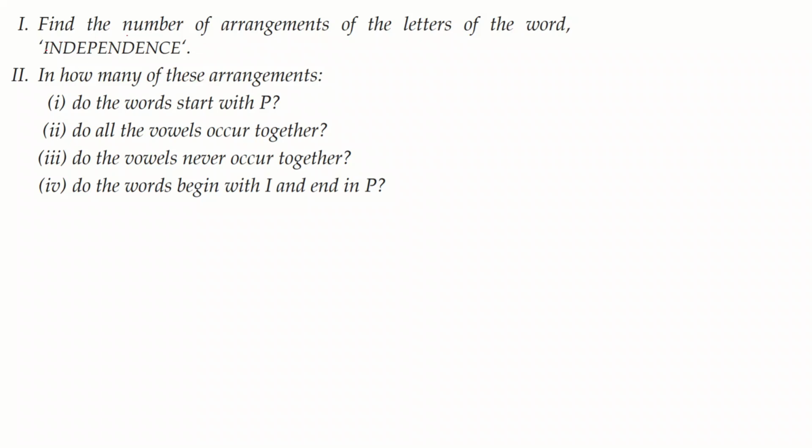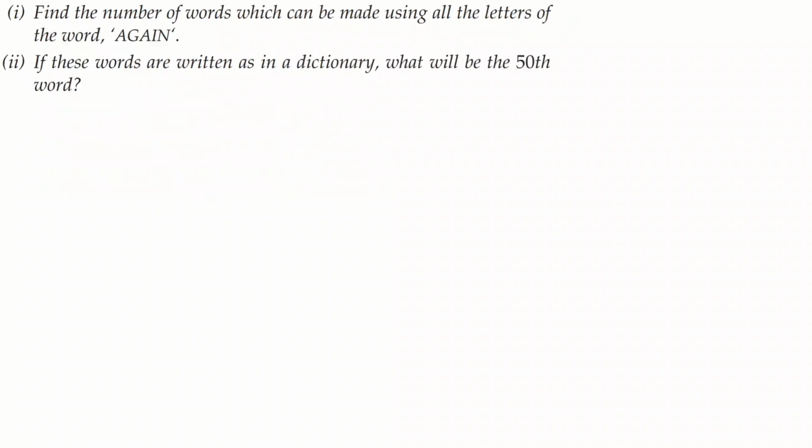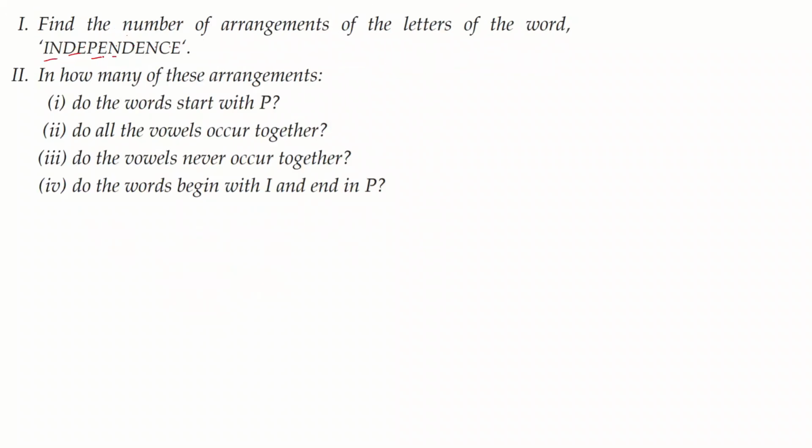So if you have 1, 2, 3, 4, 5, 6, 7, 8, 9, 10, 11, 12. I guess there are 12 letters. 2, 4, 6, 8, 10 and 12. There are 12 letters in the word independence. So you cannot have 12 factorial as your answer. So for arranging themselves, the answer is 12 factorial divided by how many E's are there.